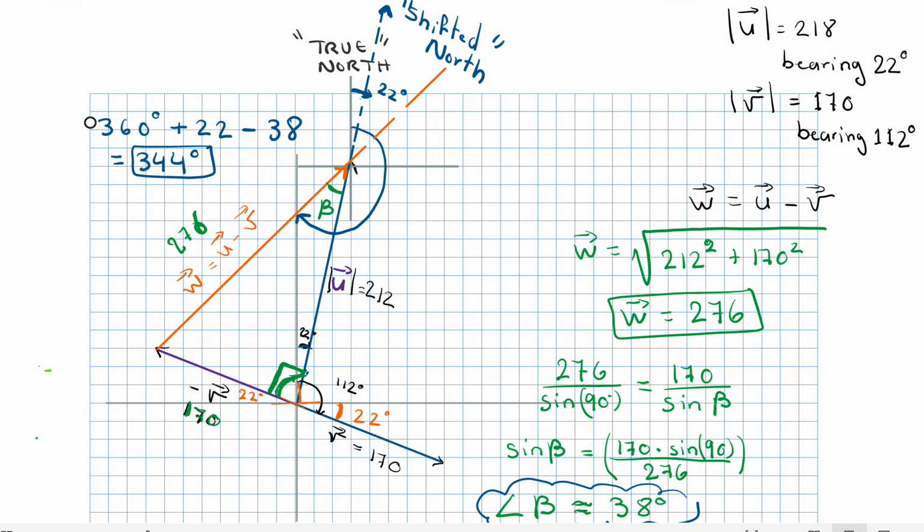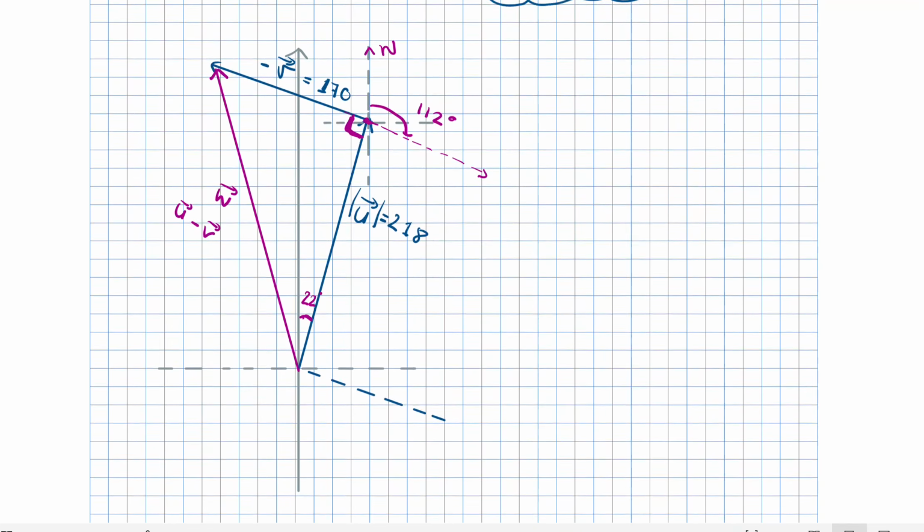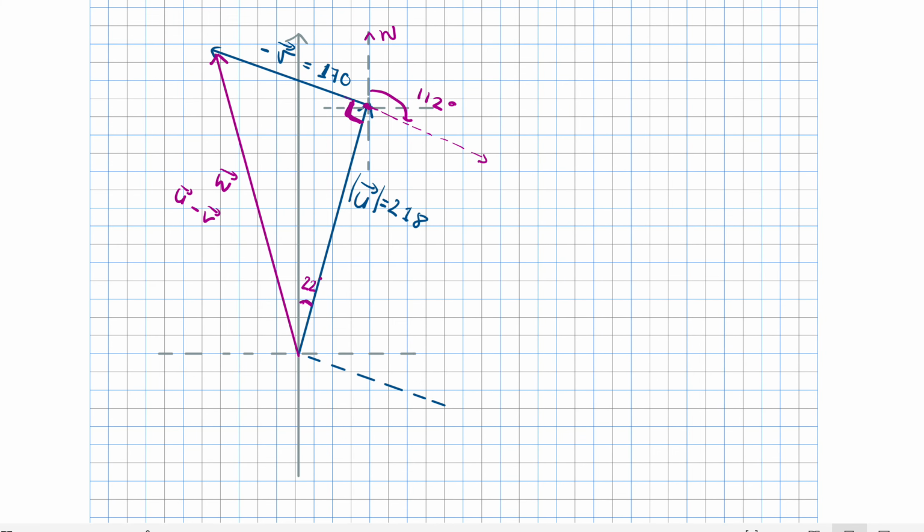We already did figure out in this area right there, using the Pythagorean theorem, and that will be exactly the same thing as what we've done, right? And so this will be the same thing here, and so w will be equal to, actually that will be the magnitude of w. Doing the same work, it will be about 276. That's not changing, so we're still having that.